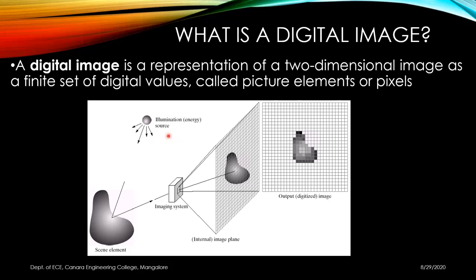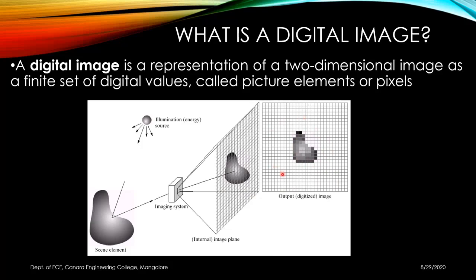The imaging system captures the radiation and makes it fall on a sensing material. It can be any sensor which is sensitive to the light falling on it, and gives out a proportional output. The output of the sensor is analog in nature, and then we convert it into digital representation, and this is the output digital image.